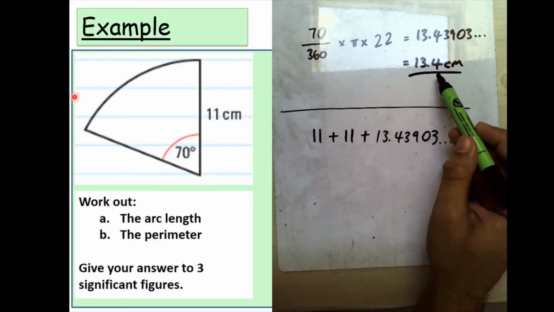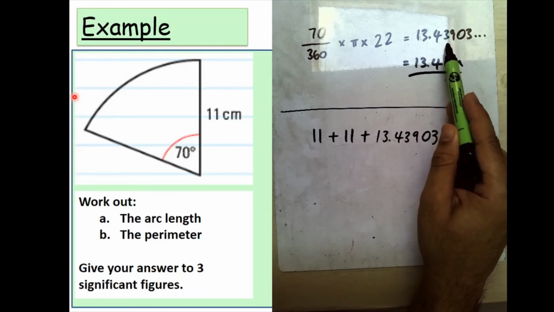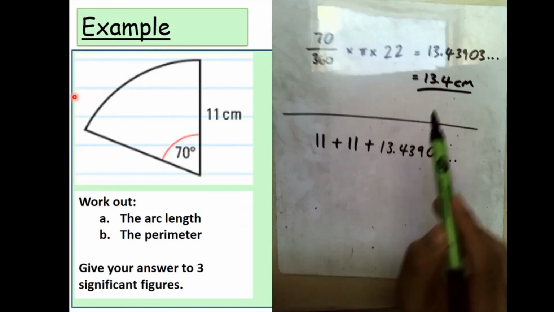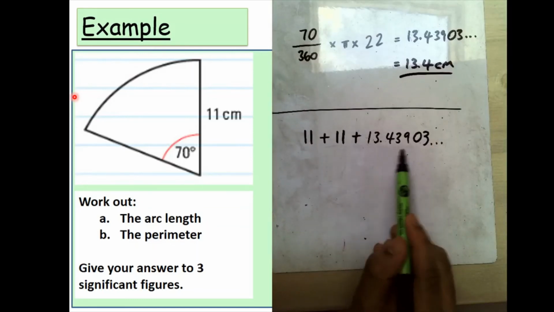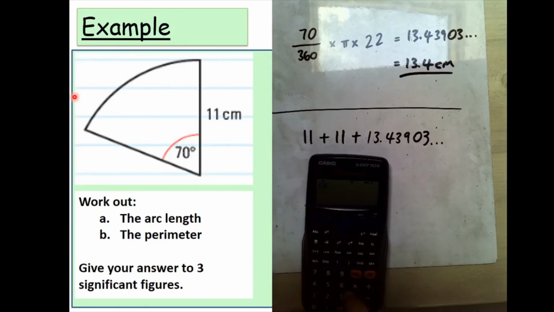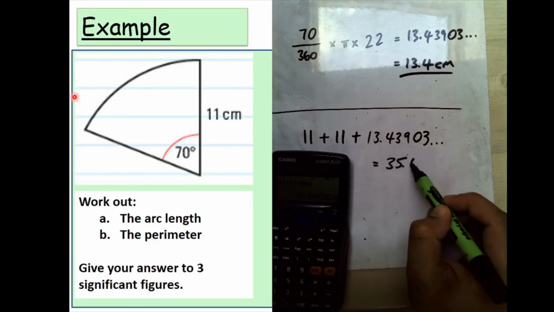But even if I rounded it right, the fact is I've gotten rid of some of these numbers, right? I've effectively ignored 3903. So don't use the rounded version. Go back to your calculator and use the original full version. So 11, add answer. And that gives me a perimeter of 35.4 centimeters.